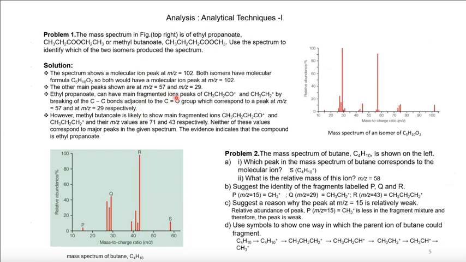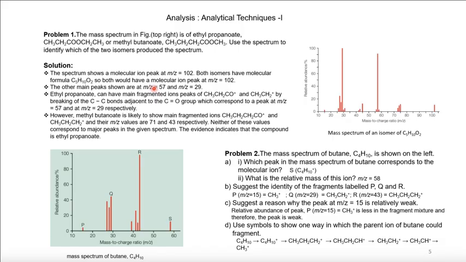Here are two problems on mass spectrometer diagrams. The first one is the mass spectrum of C5H10O2. What is C5H10O2? One is ethyl propanoate, and we can also have methyl butanoate. These are two isomers, and using mass spectrometry, can we identify the isomer?